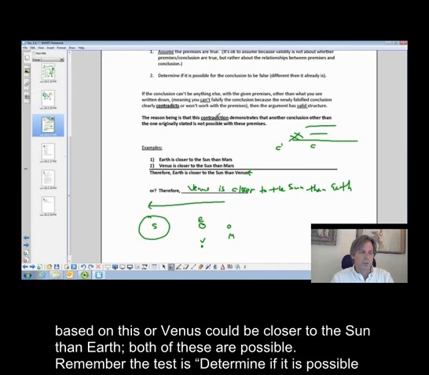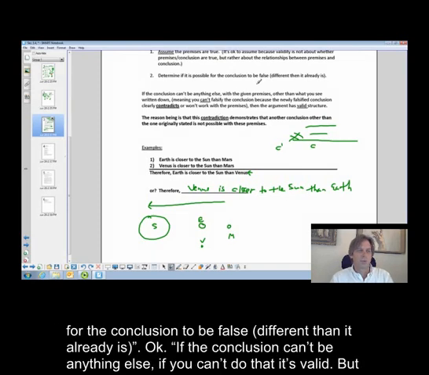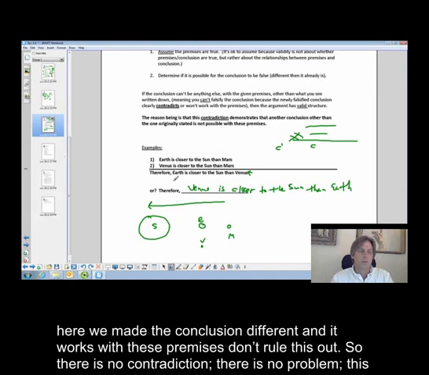So if you remember the test is, determine if it's possible for the conclusion to be false, different than it already is. Okay? If the conclusion can't be anything else, if you can't do that, it's valid. But here, we made the conclusion different, and it works with these premises; they don't rule this out. So there is no contradiction, there is no problem.